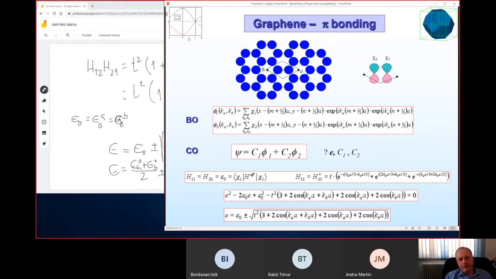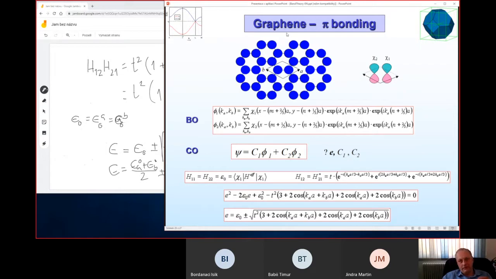The last example is the graphene plane. Indeed, we would need to consider both sigma bonds and pi bonds, but this example is just a fragment consisting of pi orbitals which are perpendicular to the planar hexagonal structure of the carbon atoms in graphene.